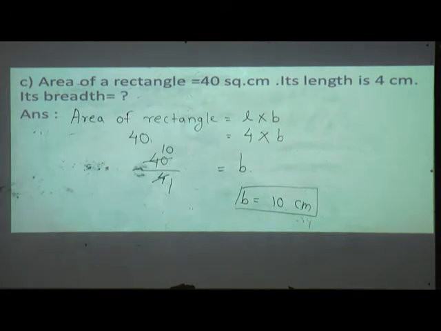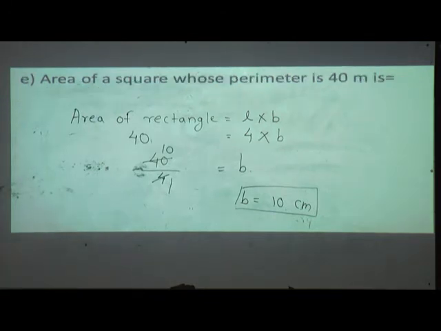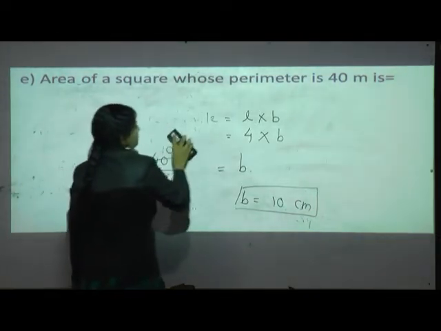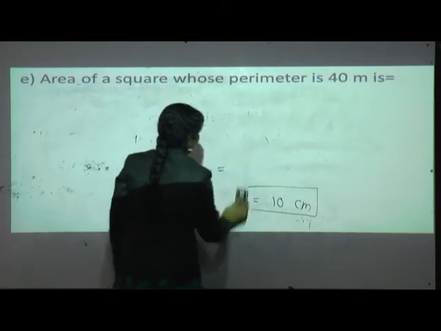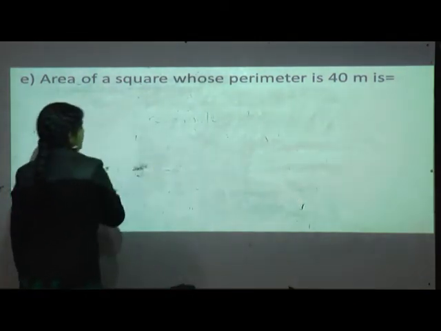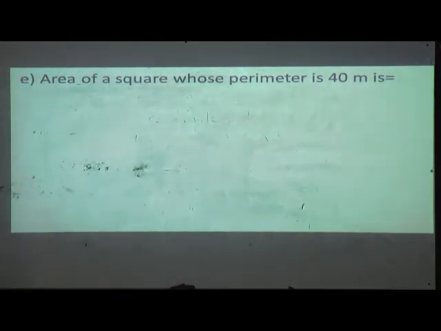Now students, we will see our next example. Area of a square whose perimeter is 40 meter. Now here they have given us perimeter. So what is the formula of area of square?